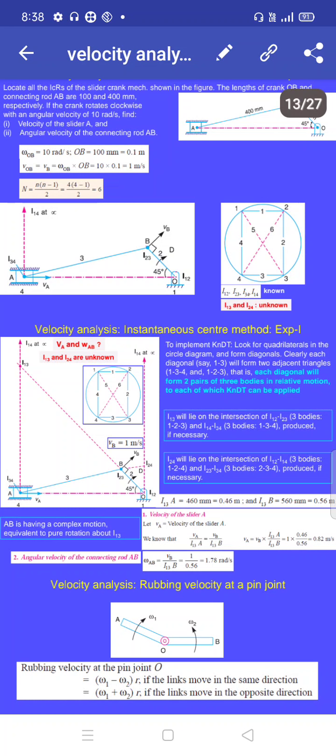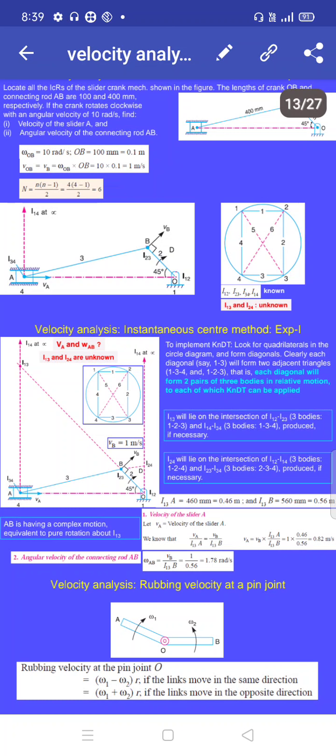So I13 will lie on the intersection of I12, I23, three bodies 1, 2, 3, and I14, I34, produced if necessary. I24 will lie on the intersection of I12, I14, three bodies 1, 2, 4, and I23, I34, three bodies 2, 3, 4, produced if necessary.